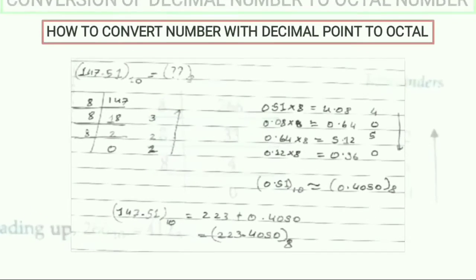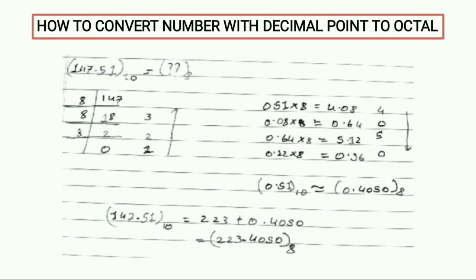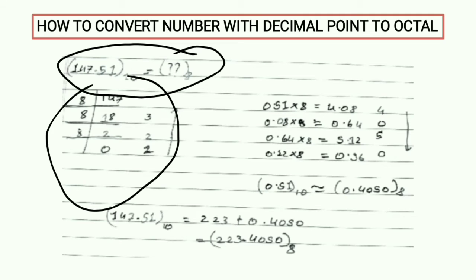Now we will be converting a decimal number to octal having a decimal point. So we will be converting 147.51 to octal. To convert 147 to octal, the process is the same as in the previous slide. For 0.51, we multiply by 8 and get 4.08, from which we take this 4 out and continue the same process with the remaining part.